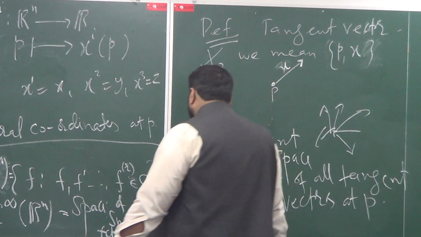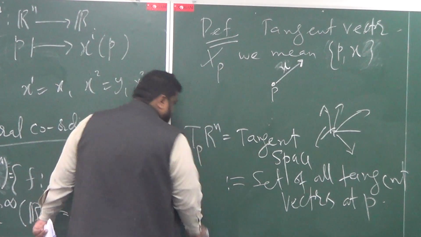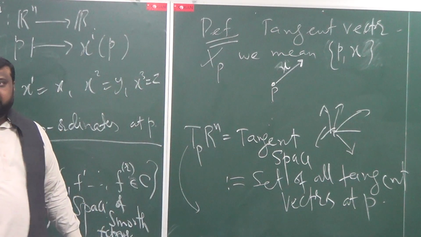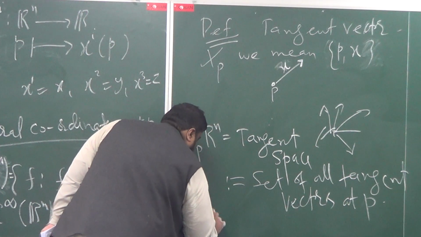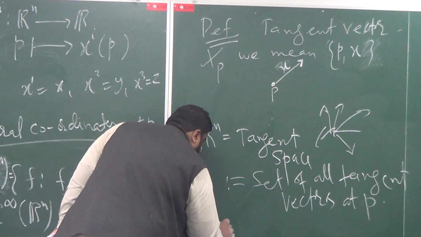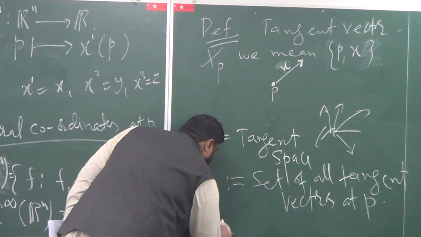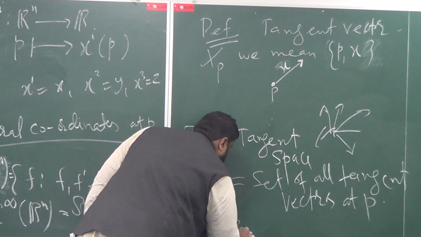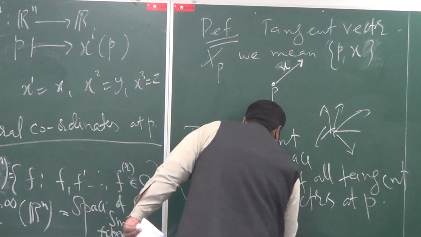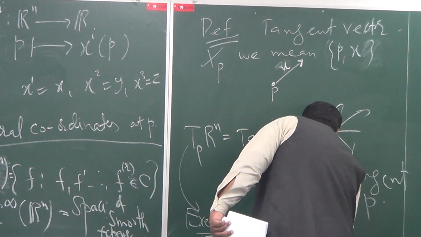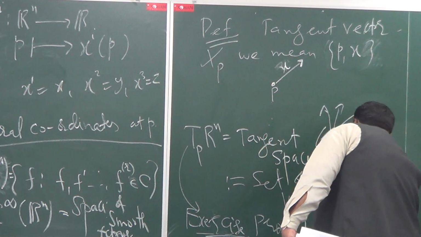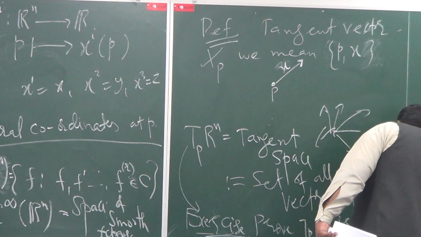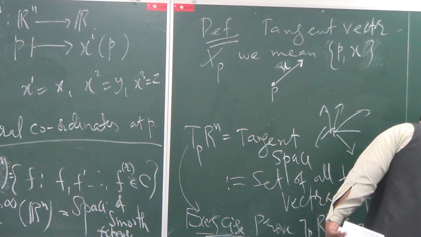Okay. We can show it has a nice structure. It's a vector space. Maybe a good exercise to do. Exercise: prove T_P R^n is a vector space.